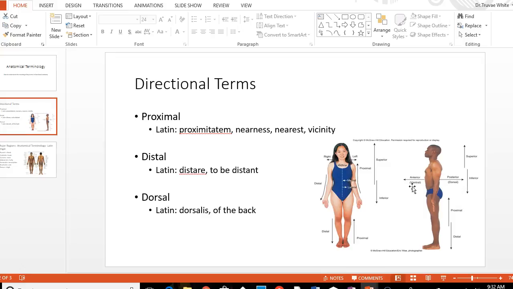So in anything, when we're dealing with our organ systems, we will be using directional terminology throughout the semester to locate structures, and the location of the structure may or may not tell us the specific function of that structure.